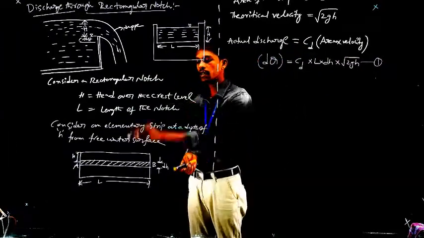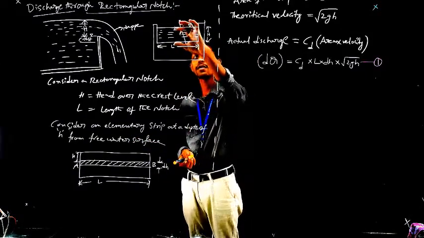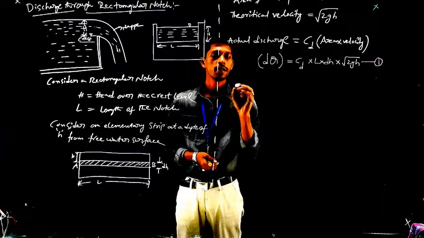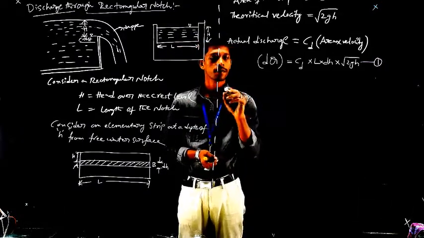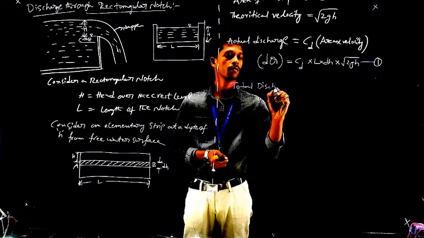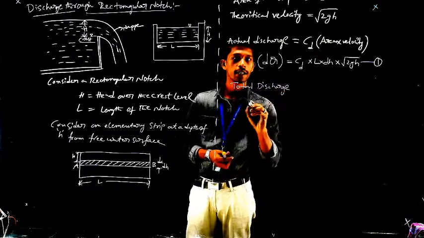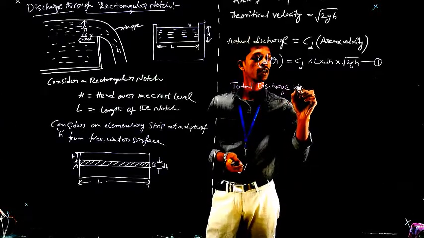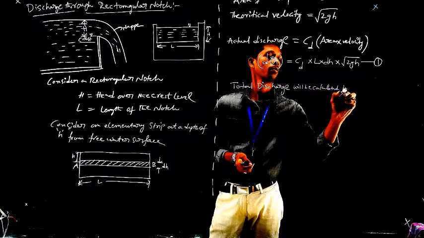So we got the expression for the actual discharge for an elementary strip, right? But we need the discharge value for this whole level, that means for this entire water depth we have. So the total discharge will be calculated by integrating the above equation.